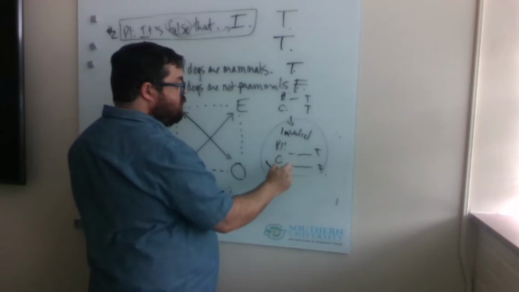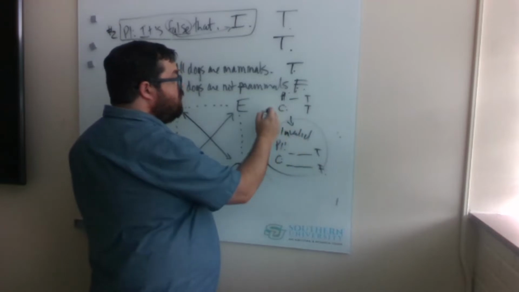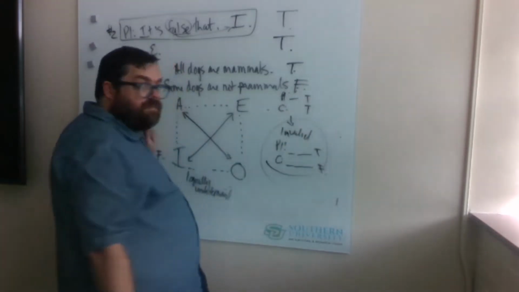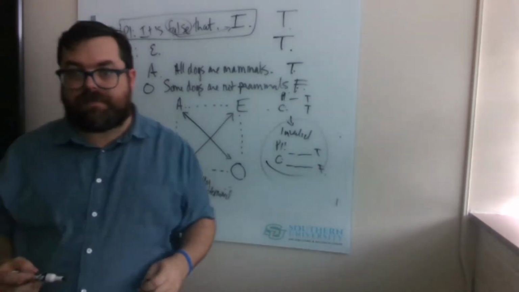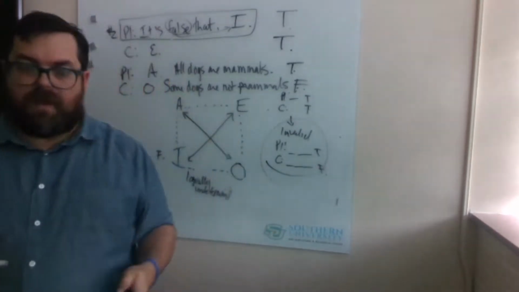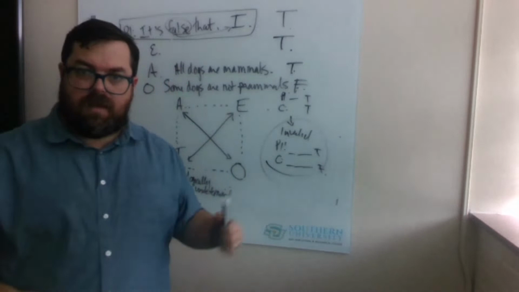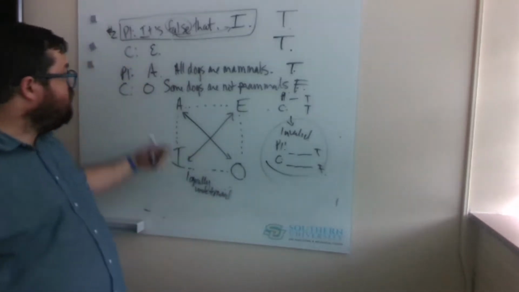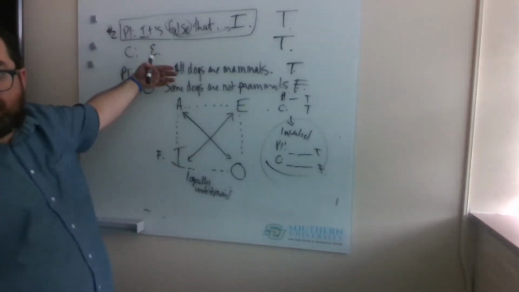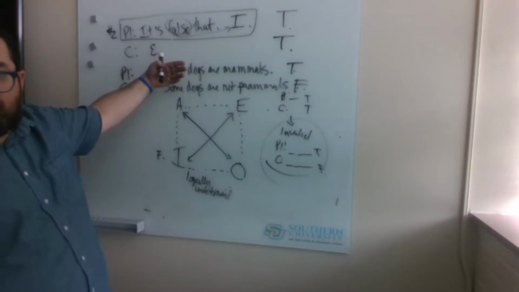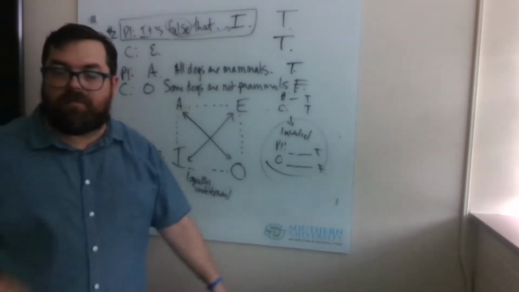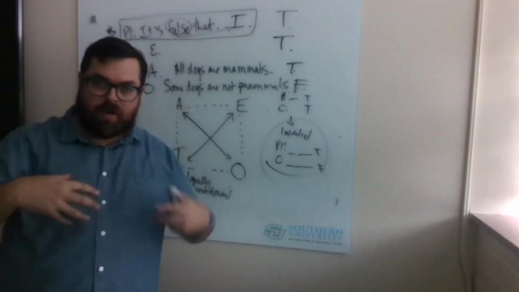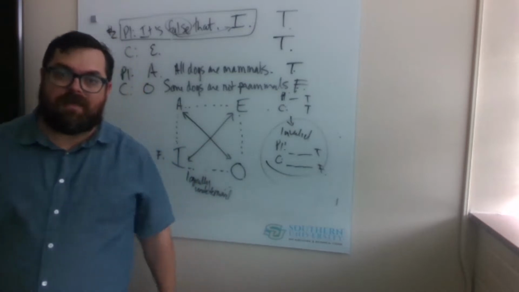This whole thing's invalid. So there you go, that's another example. If you just had these letters in an immediate inference on top of each other, that itself would be a contradiction, which would automatically make any reasoning invalid.